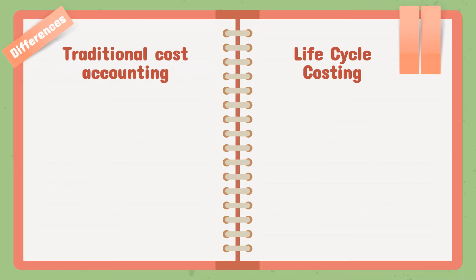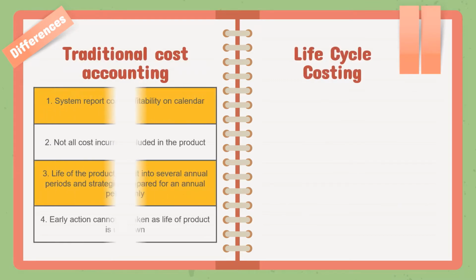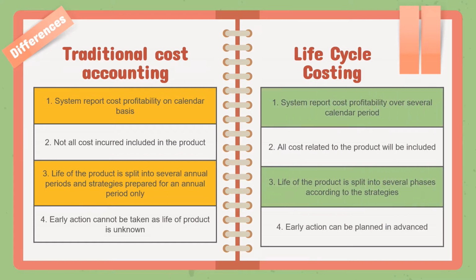Next, differences between traditional cost accounting versus life cycle costing. Traditional costing measures profitability on a calendar basis and not all costs are included in the product. Meanwhile, life cycle costing is used over several calendar periods and all costs related to the product will be included. In terms of product life, traditional costing splits it into several annual periods and strategies are prepared for an annual period only.